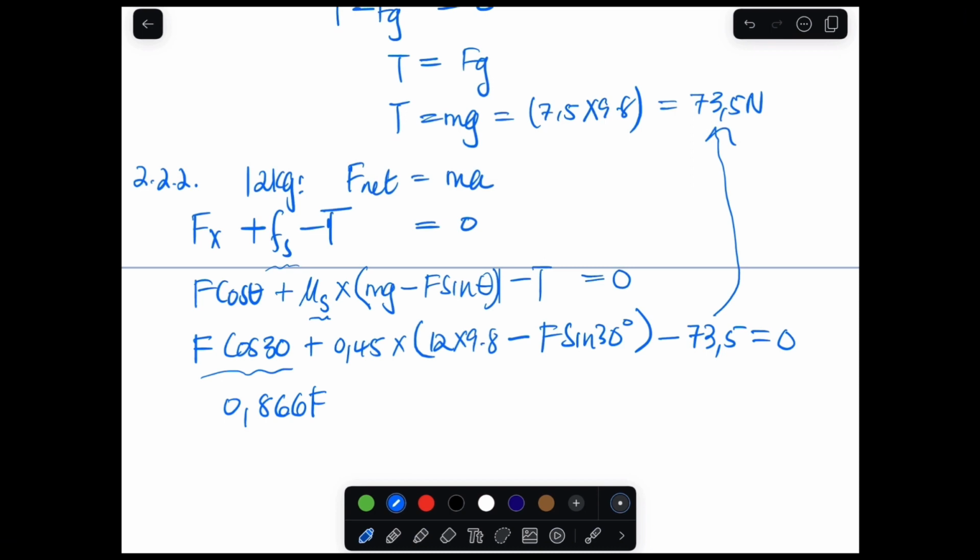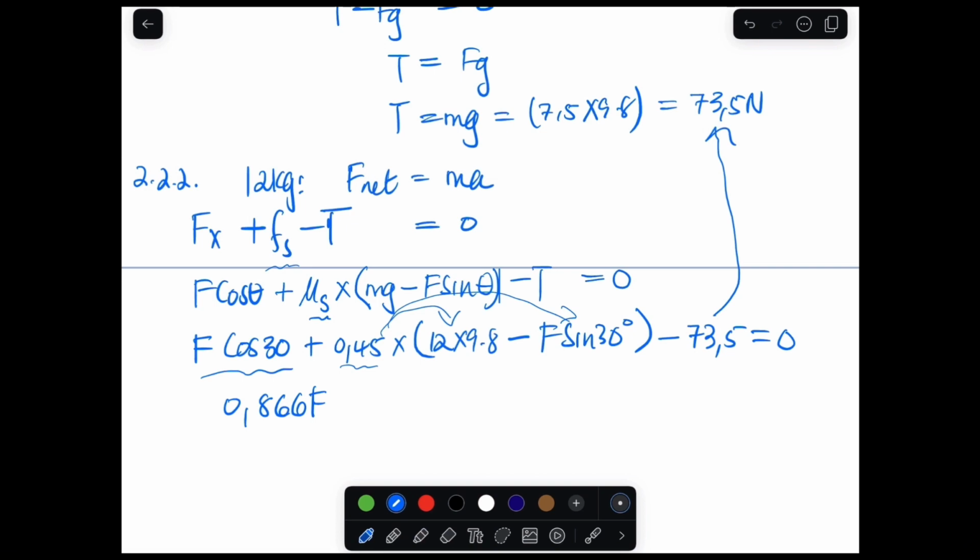So now what are we going to have? We will say this multiplied by this, and multiply by this. So our answer here, let me punch it in a calculator. It's going to be 0.45 times 12 times 9.8.